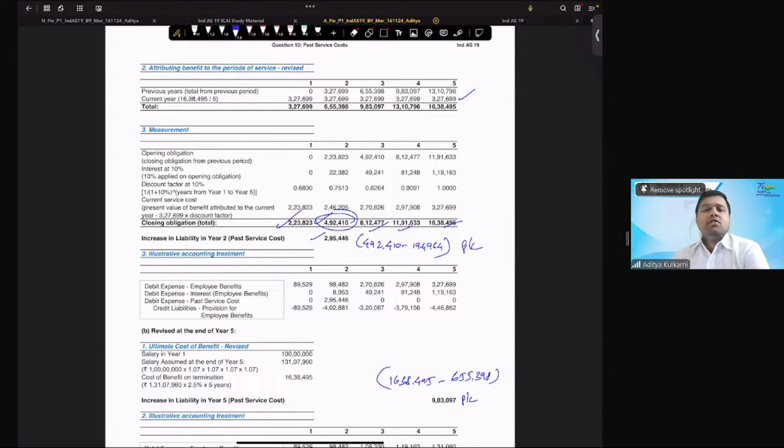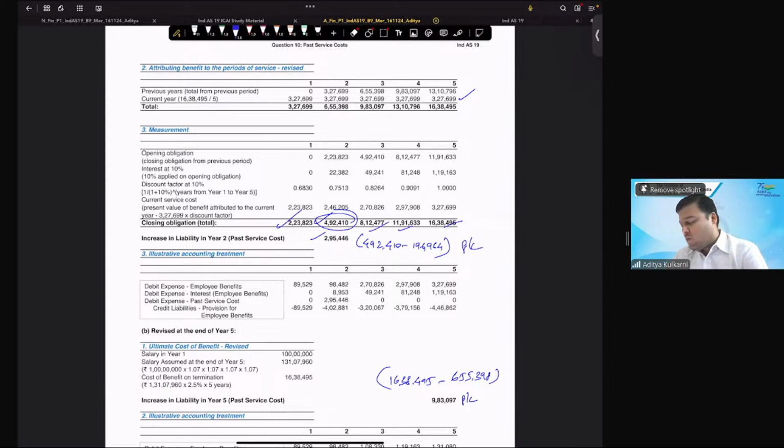The current service cost will be accrued with the unwinding of discount that I had taken. Then you will add the current service cost to arrive at the closing balance of the defined benefit obligation, what we call DBO. So that will be carried forward each year. So this was where we had stopped.